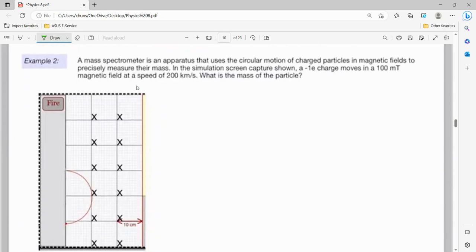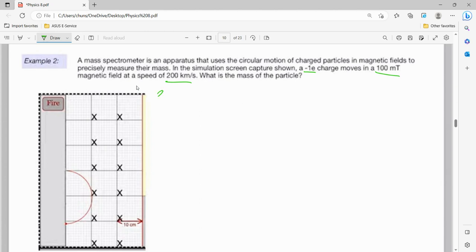Okay, so now we're going to talk about mass spectrometers, which is an apparatus that uses circular motion of charged particles in magnetic fields to measure their mass. And in this simulation shown, we have an electron moving in a 100 millitesla magnetic field at a speed of 200 kilometers per second.